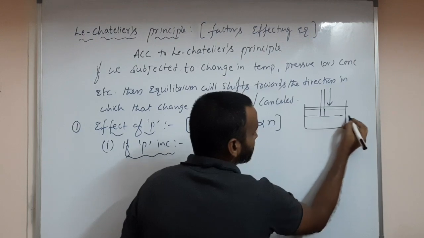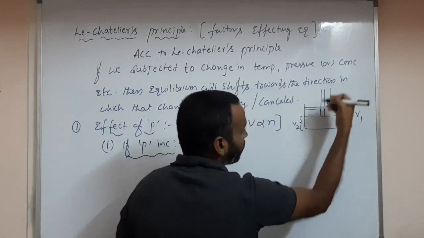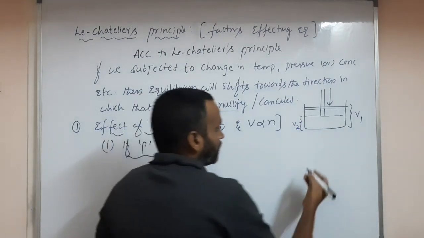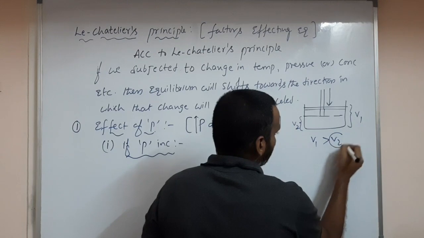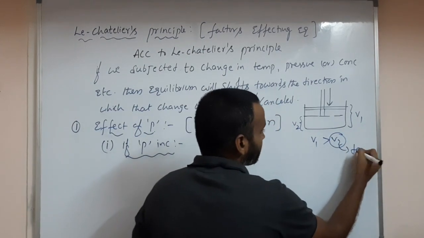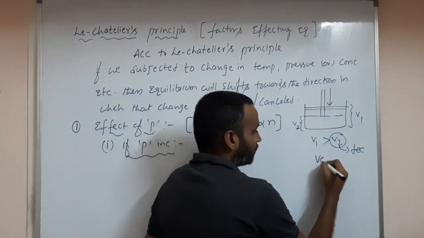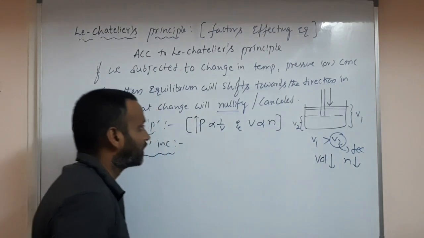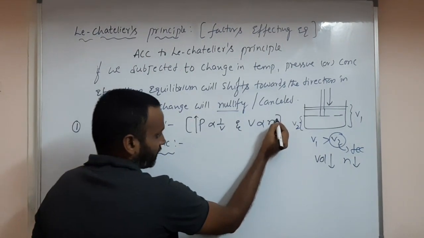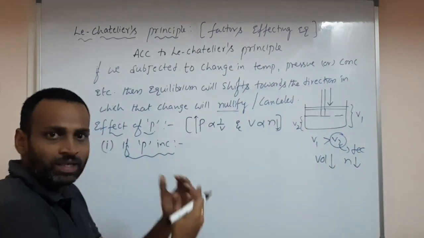Initially the volume is V1 and when you apply pressure it becomes V2. So V1 is greater than V2; the volume decreased. Certainly when volume decreases, the number of moles will decrease. This is very clear. When pressure increases, the number of moles will decrease, so reactants will decrease.